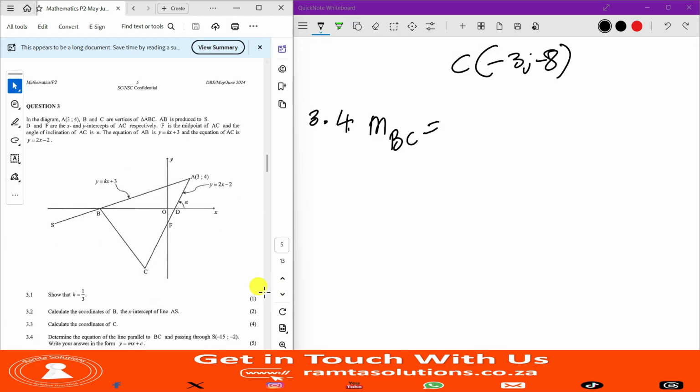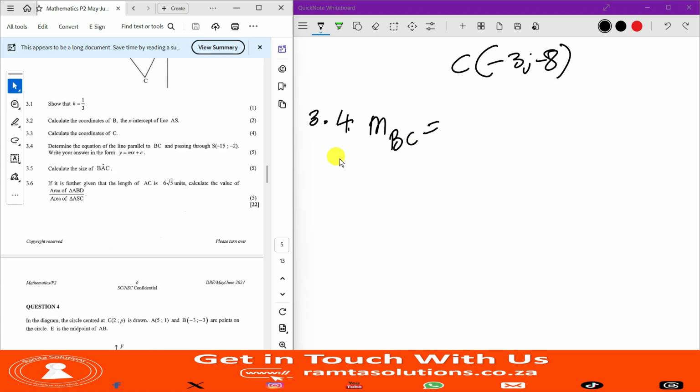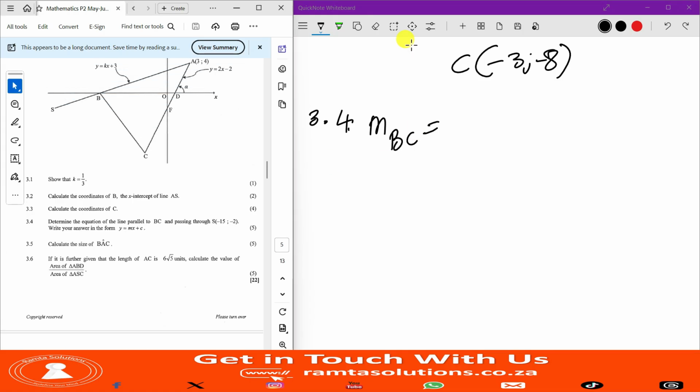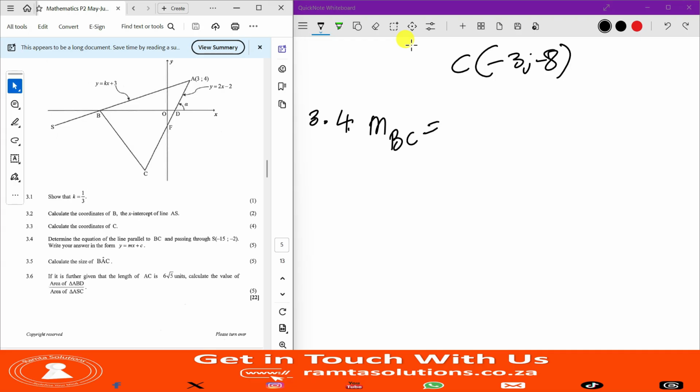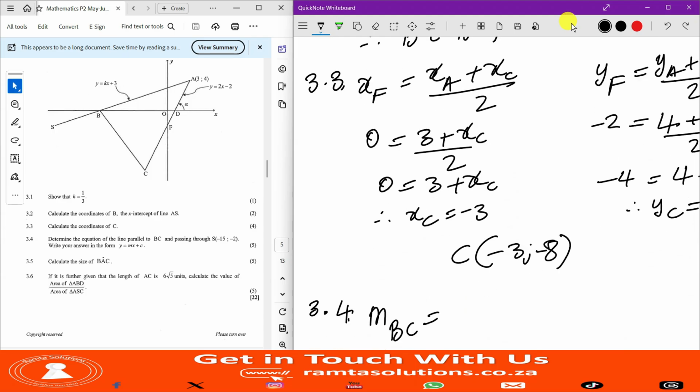We will then say, this is BC, right? The coordinates of B, I remember we found them. What was it? It was minus 9 and 0.